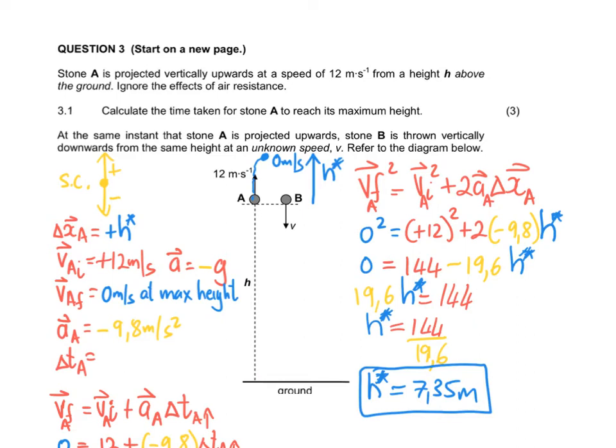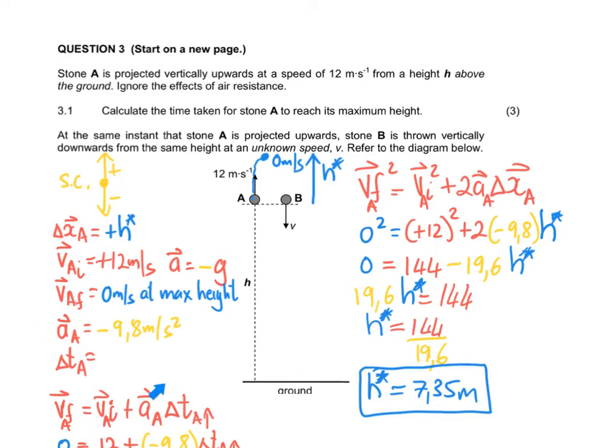It asks, calculate the time taken for stone A to reach its maximum height. It's going to reach its maximum height when its velocity is 0 meters per second momentarily.